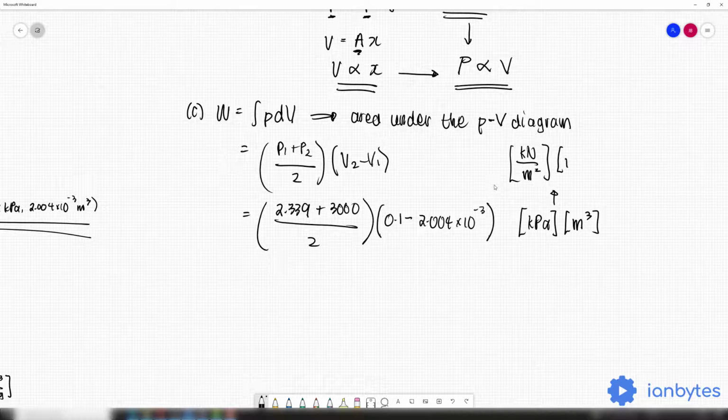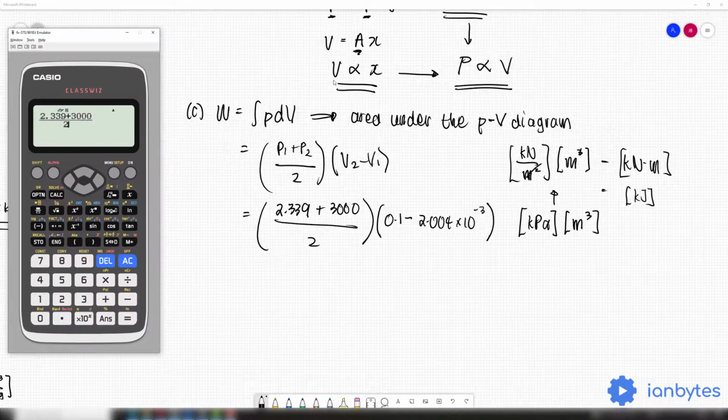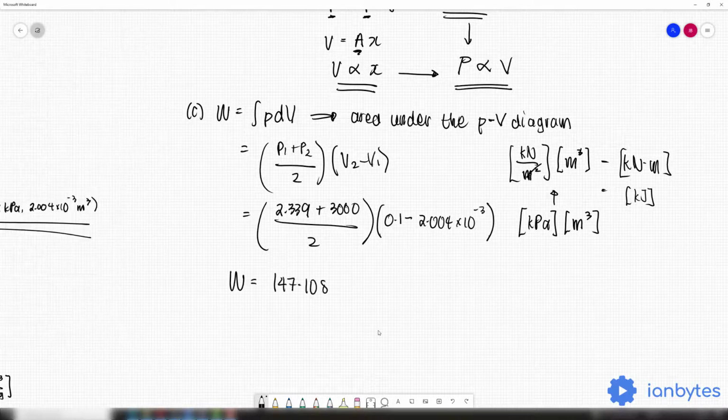We have cubic meters over here, which will just be equal to kilonewton meter or kilojoules. Okay, so our work is in kilojoules. Now, substituting all this in our calculator, we have the following as the work done by the system. W is equal to 147.1086 kilojoules. This is our final answer for letter C.